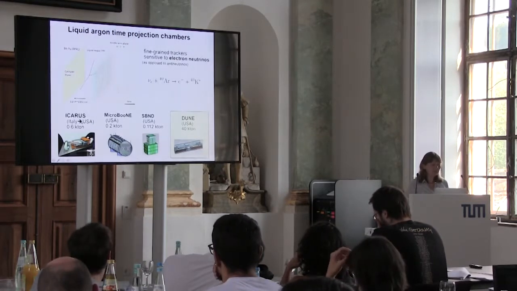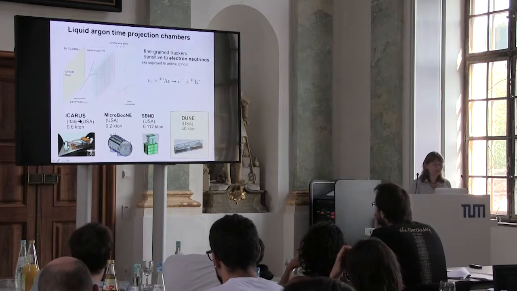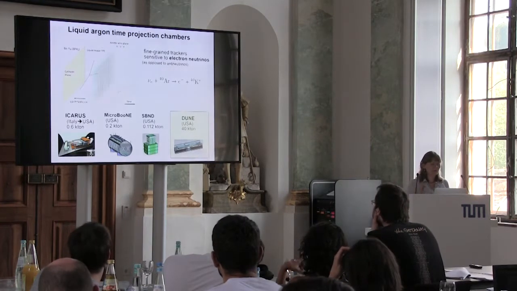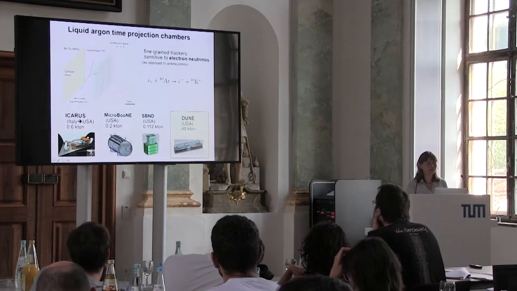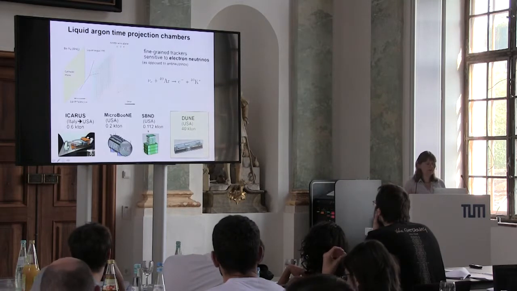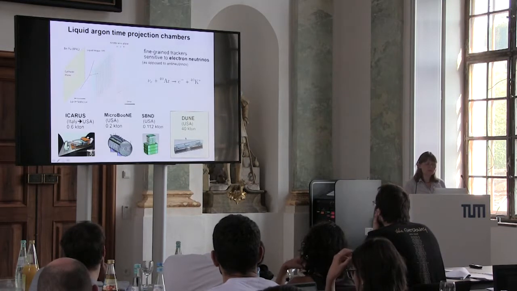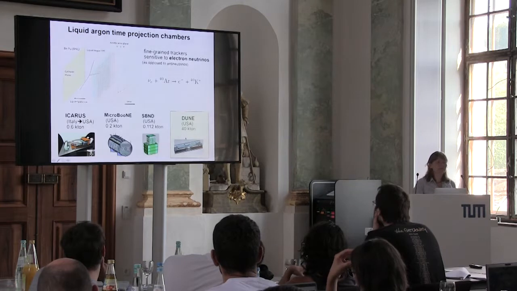There's ICARUS, which ran in Italy at Gran Sasso for a while, obviously with a high energy threshold. It has just been moved to the US. MicroBooNE is on the surface in the US and should have sensitivity to supernova neutrinos. SBND is a future experiment in the US. These detectors' day jobs are short baseline oscillations. And then there's DUNE in the US, which will be humongous, a 40 kiloton detector.